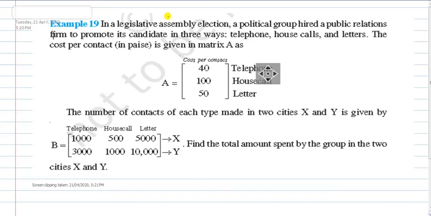For telephone it is 40, for house it is 100, and for letter it is 50. Then the number of contacts of each type made in 2 cities X and Y is given. That is the number of contacts for 1000 house call, and we are having this one XY. So telephone, house call and letter, and this is city X and this is Y. Find the total amount spent by the group in the 2 cities X and Y.